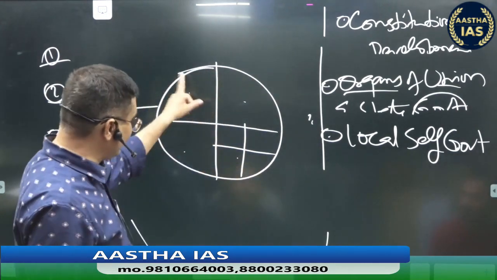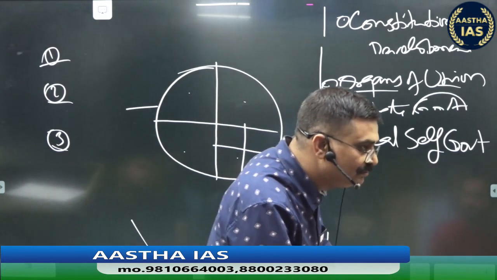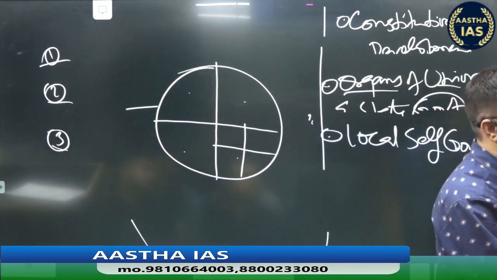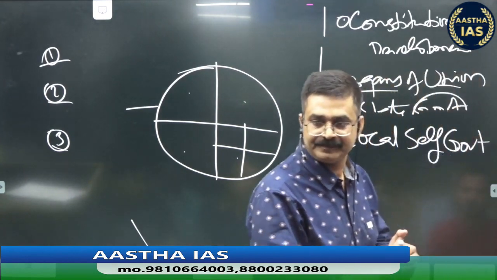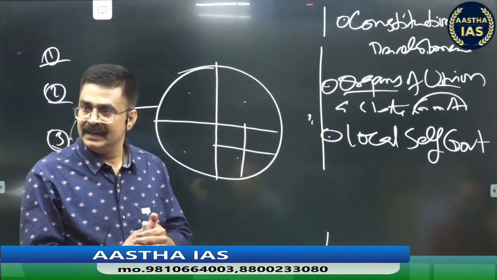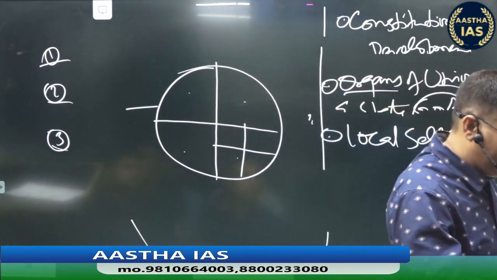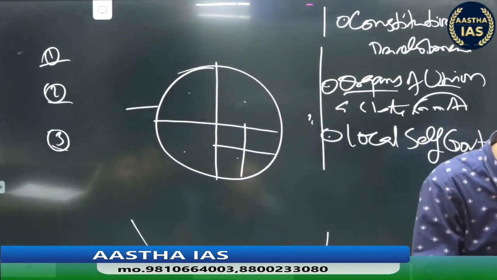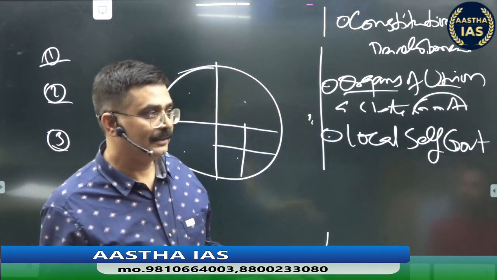Now, for a country, if such a condition is there, there is a requirement to write down and identify the area of work between center, state, and local self-government. Relationship between center and state for the reason of executive functions, legislative functions, administrative functions, and finance. All those are there.